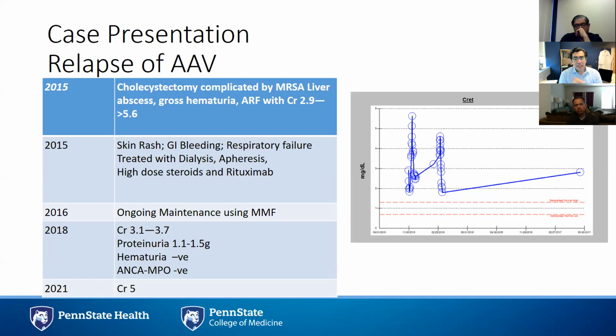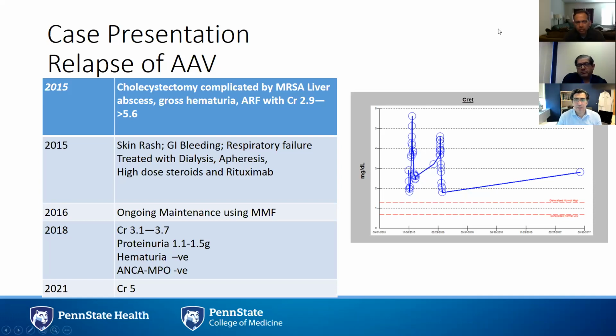He presented with gross hematuria and again a rise in creatinine from 2.9 to more than 5.6. He was treated with IV fluids, even transferred for concerns for ANCA, but once we gave him IV fluids, things started to settle down. His creatinine came down, so he was not treated with any immunological therapy. We thought this may be just AKI in the setting of MRSA abscess.